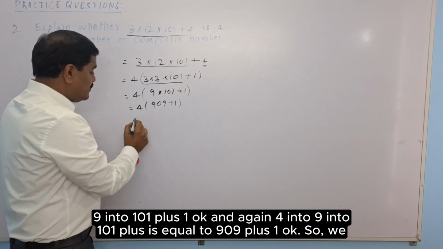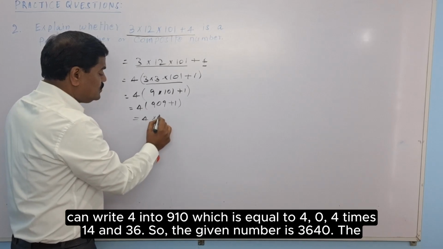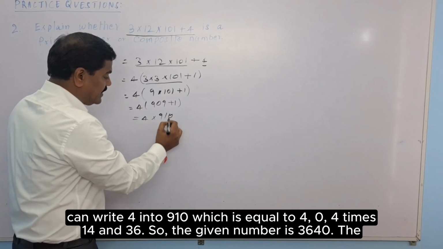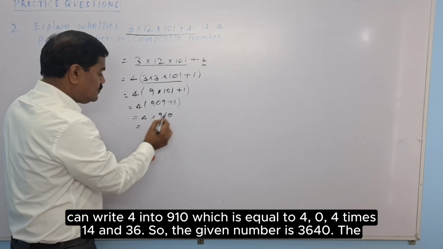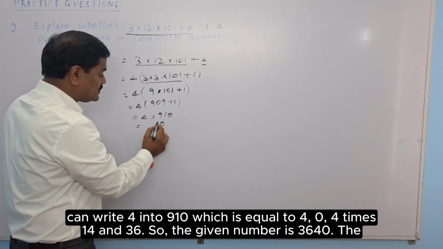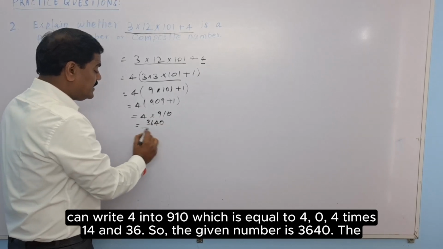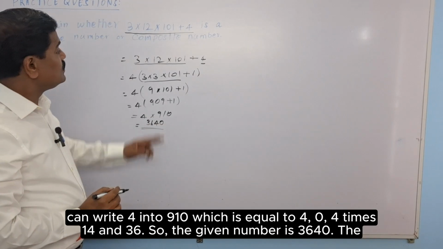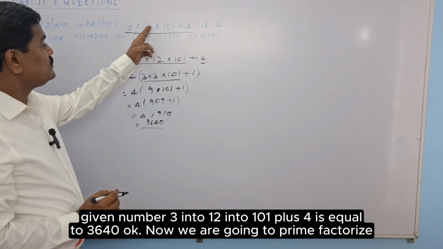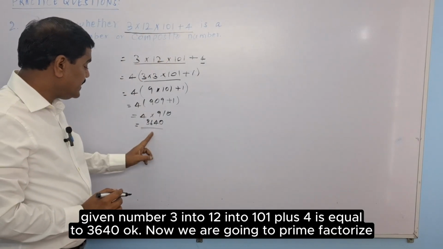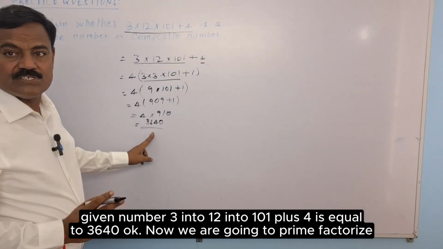So we can write 4 into 910, which is 4 zeros are 0, 4 times 1 is 4, and 36. So the given number is 3640. The given number 3 into 12 into 101 plus 4 is equal to 3640.